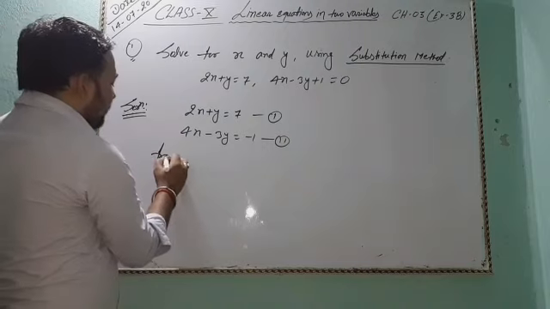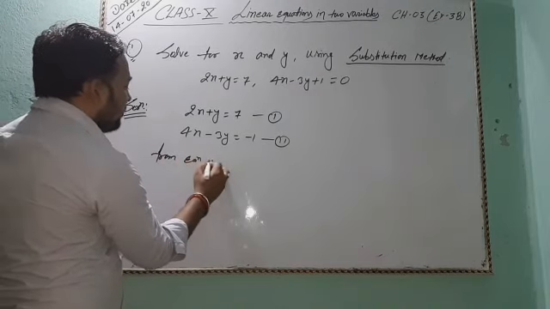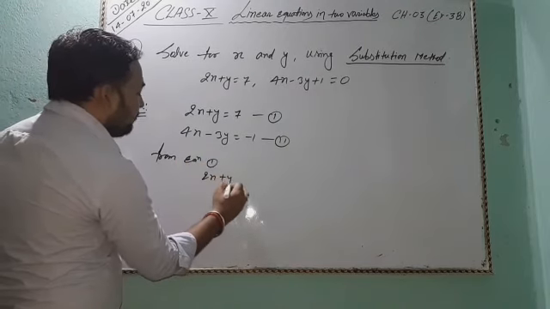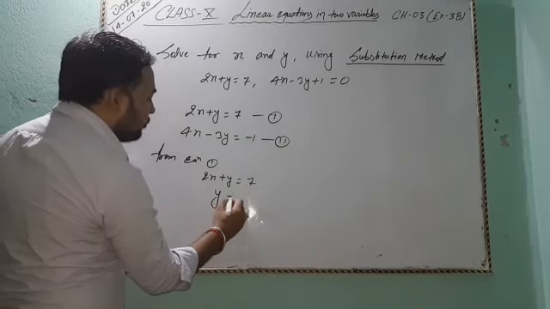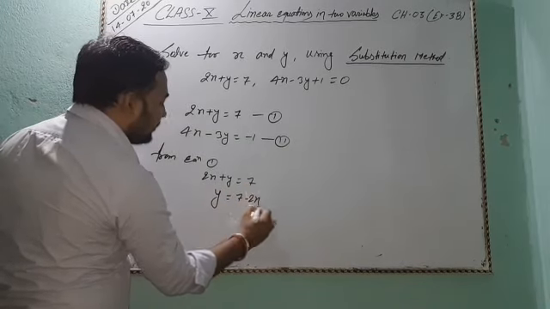Students, solve this system of linear equations by the substitution method. So from equation first, 2x plus y equal to 7, so y equal to 7 minus 2x.